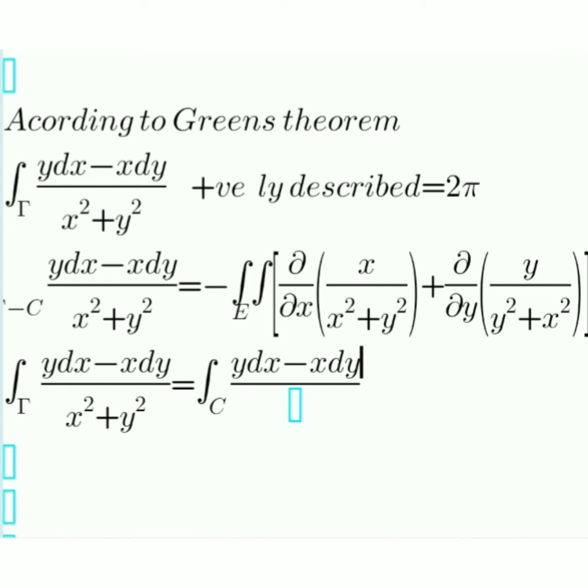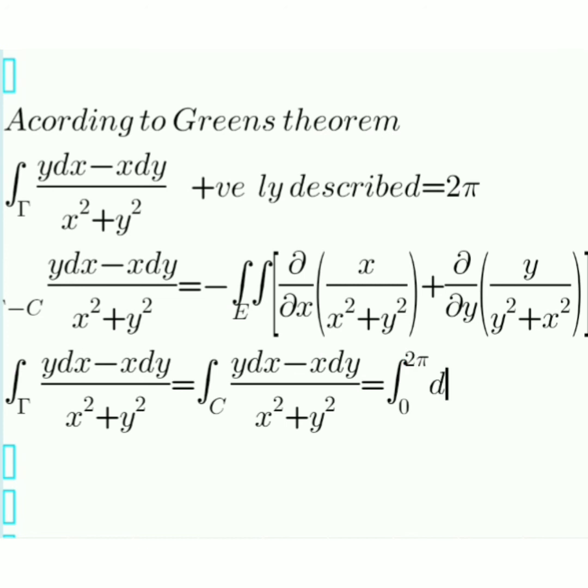Friends, I change my region. Gamma is my elliptical region, and the elliptical region should be changed into a circular region, and in the circular region I get the same value. So this value is 0 too. This is very simple. If you can realize, then it is not a problem. You will not feel any problem.